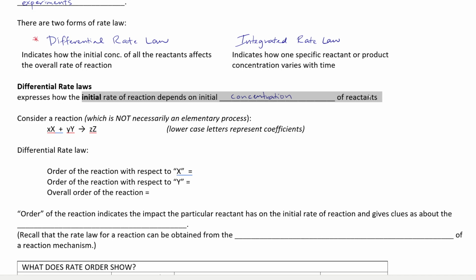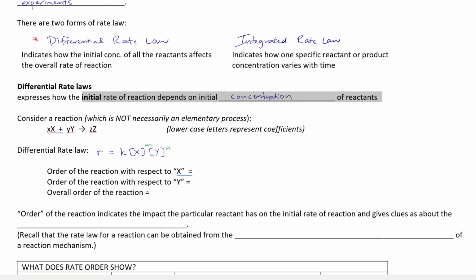Remember that the rate law is typically given as R, the rate of the reaction, is equal to K, your rate constant, times, and in this case the reactants are X and Y, the concentration of X times the concentration of Y, and these will be raised to the exponents m and n.